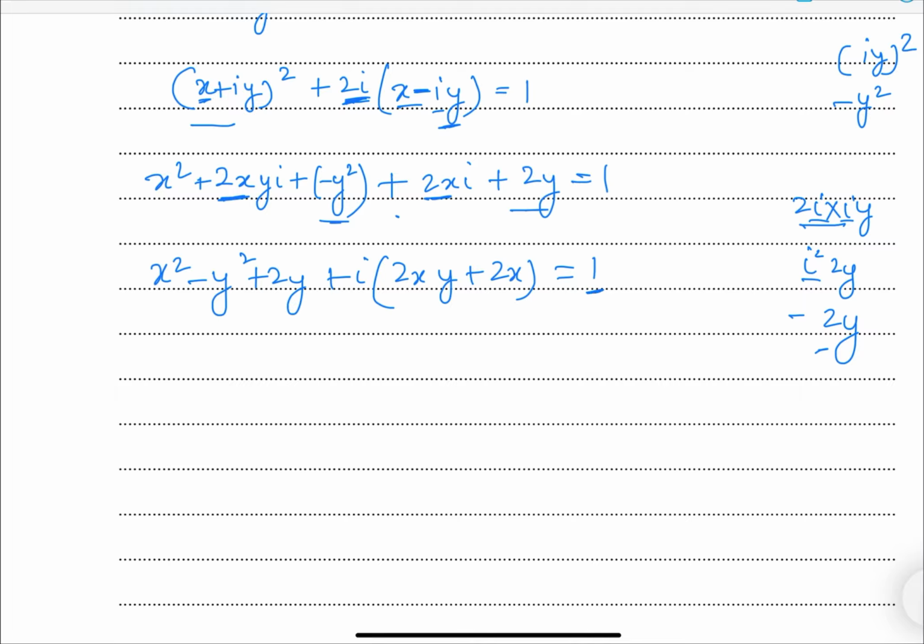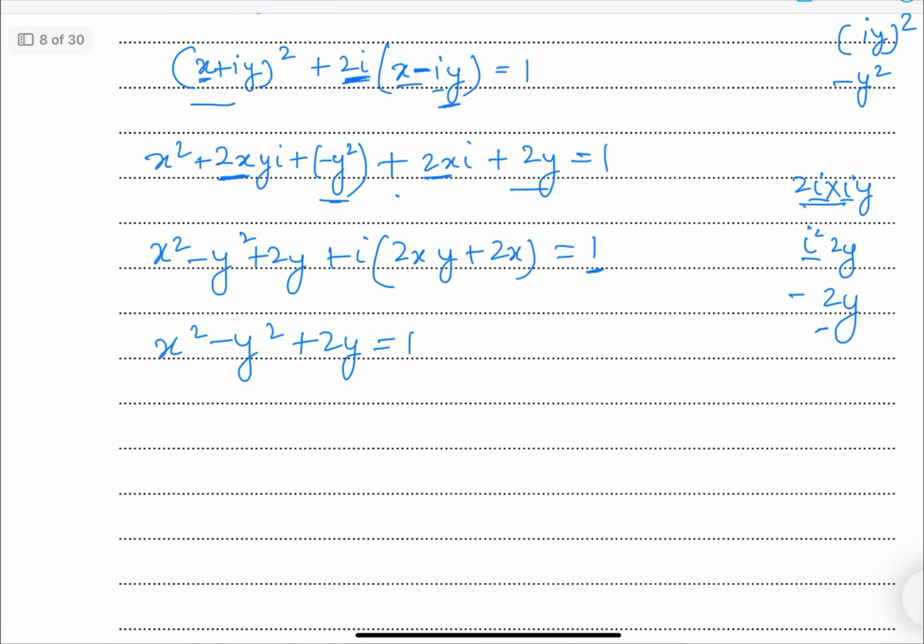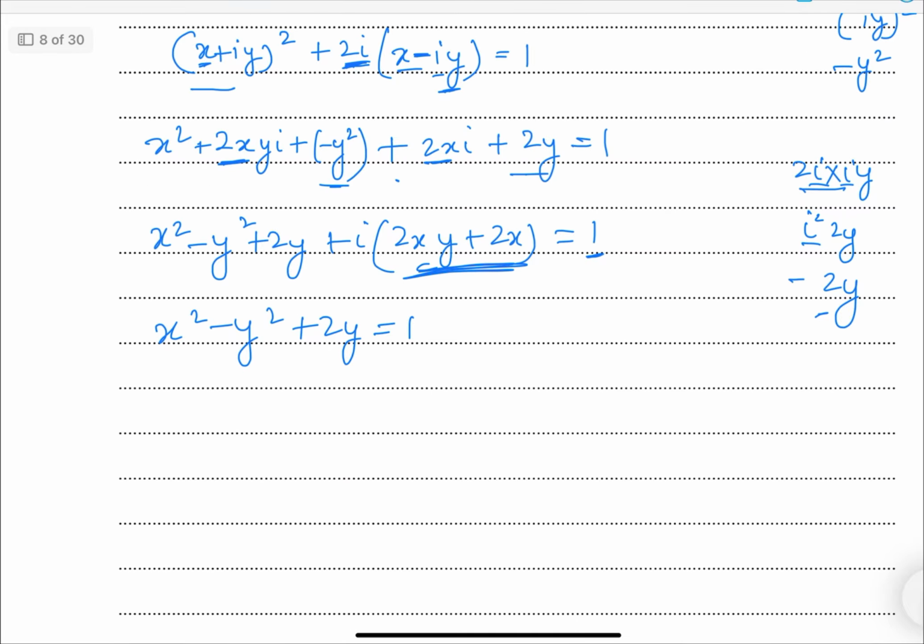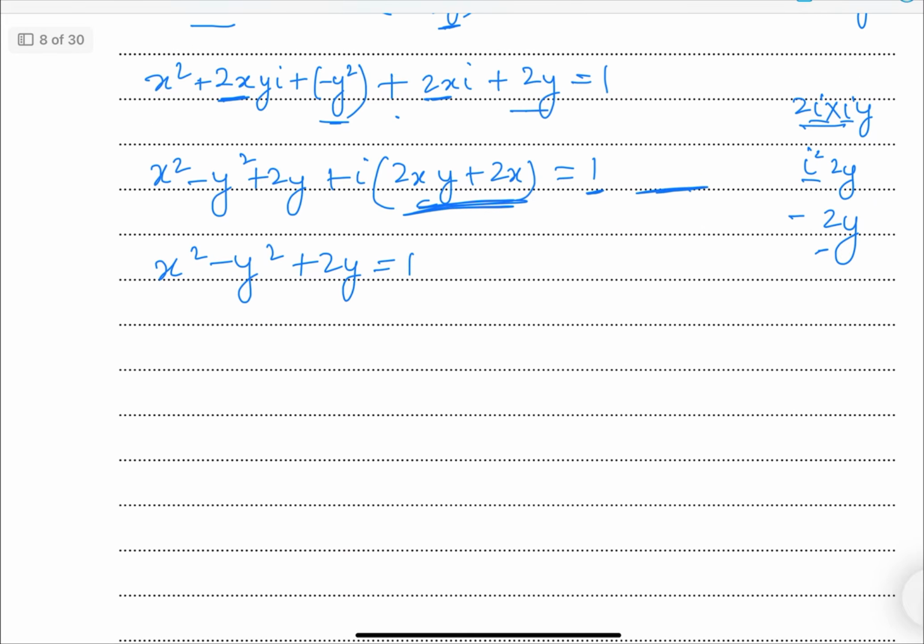Can we equate the real part equals 1? Yes, sir, we can. Very good. Can we equate the imaginary part equals 0? There is nothing imaginary over here. Is there anything imaginary? No. So 2x plus 2xy equals 0.